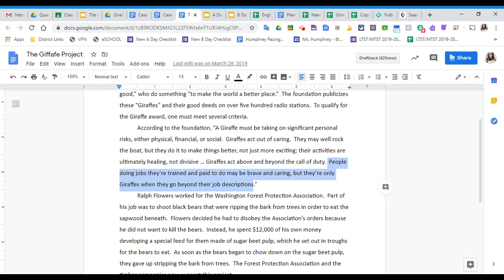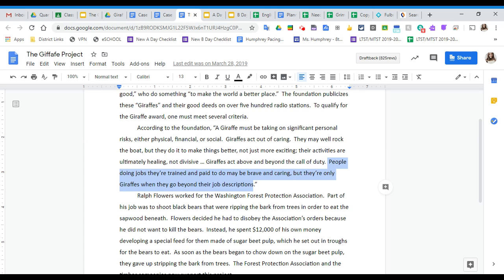There are nurses that are, like, I have some friends who have gone to New York to help in New York when they didn't have to. They volunteered to do that, which is really crazy. So those ladies for sure would 100% qualify as a giraffe because not only are they doing what they were trained to do, but then at the same time, they're also relocating to a state that is in need and they didn't have to do that. And they're not getting paid much extra to do it.